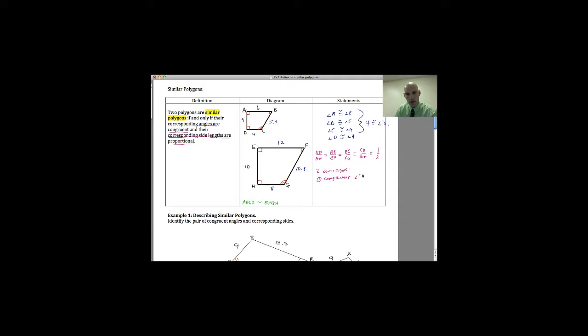And the second thing is proportional sides. Okay, those are the two conditions for similarity.